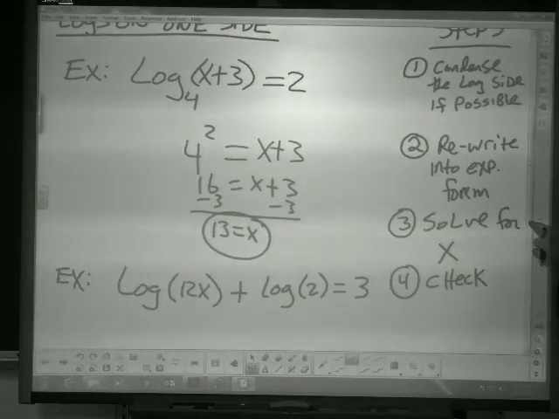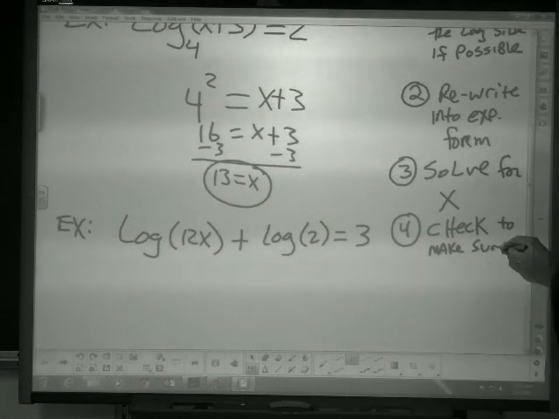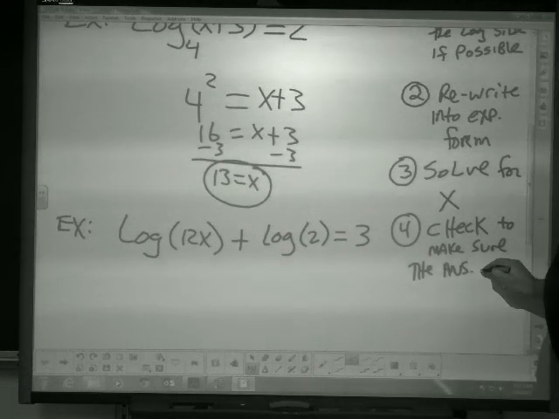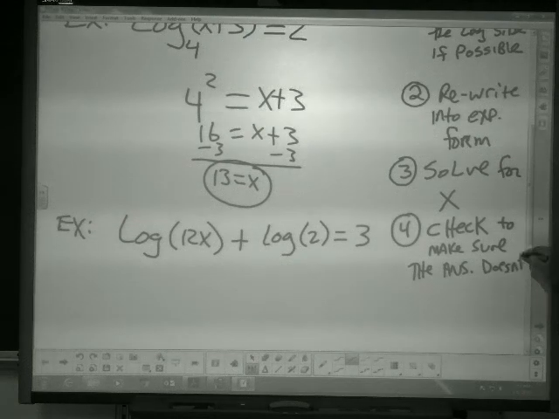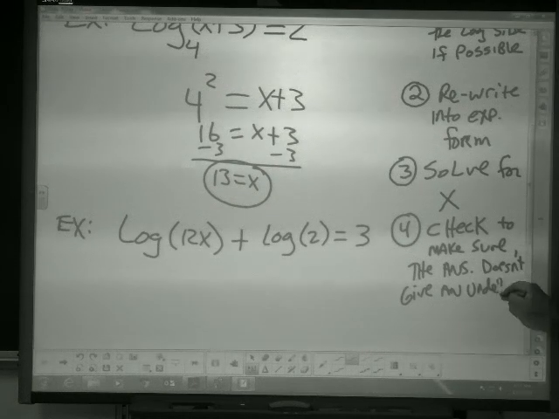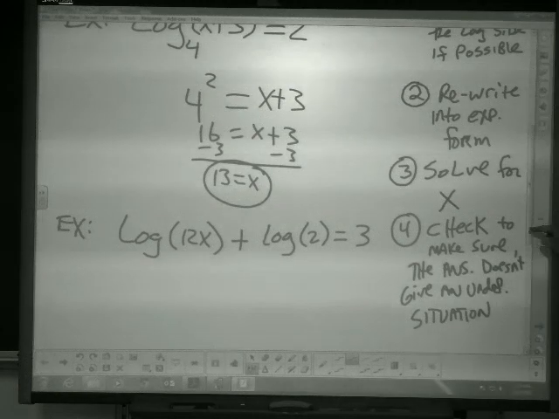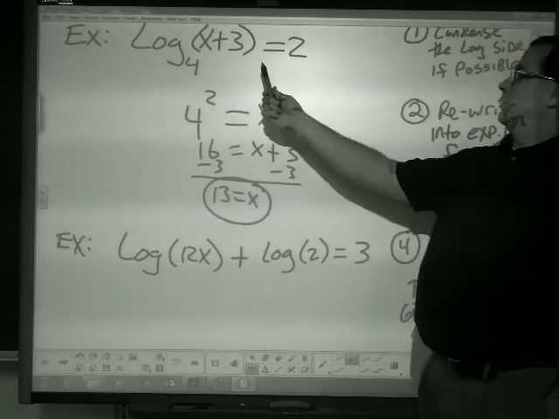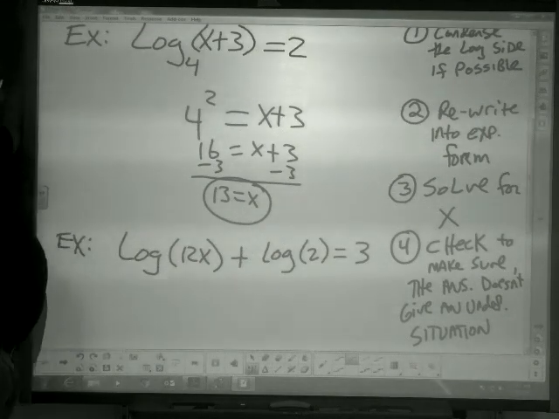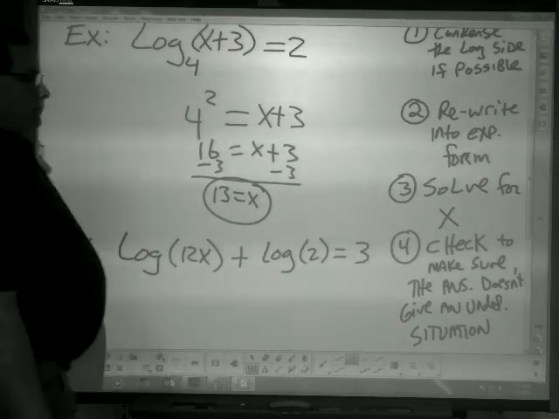So check to make sure the answer doesn't give an undefined situation. I mean that we have to make sure that what we're taking the log of is greater than 0. And 13 plus 3 is definitely a number greater than 0, so we're okay.